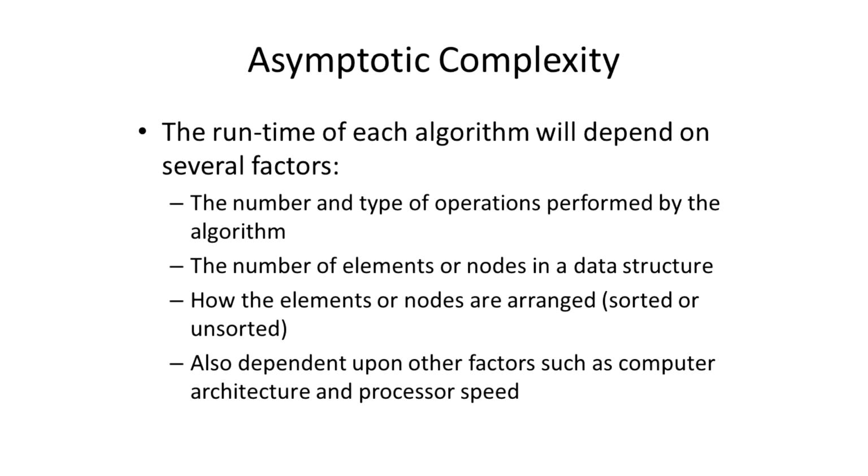And the performance of some algorithms depends upon the arrangement of items within a data structure. Some algorithms will perform much faster if the items within a data structure are sorted. And there are many other factors as well which influence the performance, such as processor speed, and you'll probably notice differences between the architecture of Mac, Windows, and Linux systems as well.